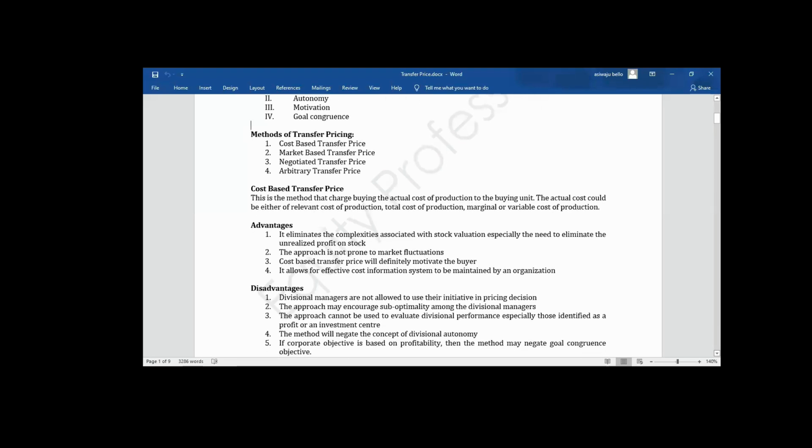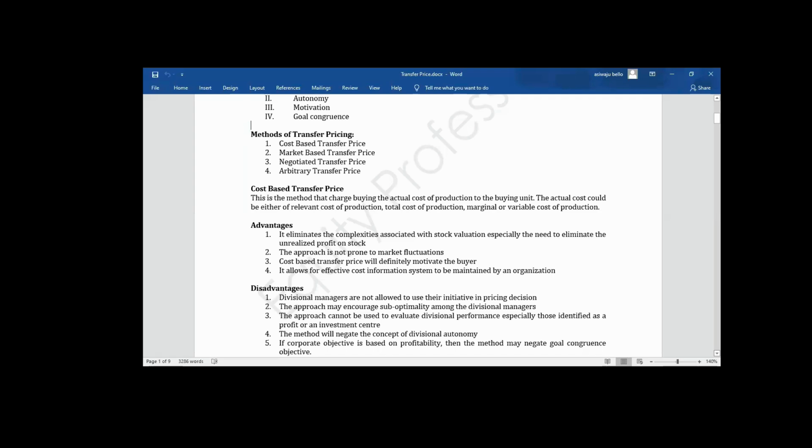Under this method, the relevant transfer price between the buying division and the selling division is based on the actual cost of production. The transfer price between the selling division and the buying division is based on the actual cost of production of the product being transferred. That is cost-based.